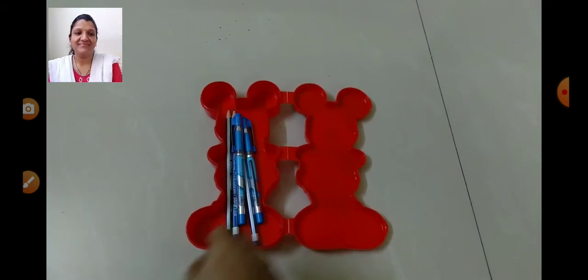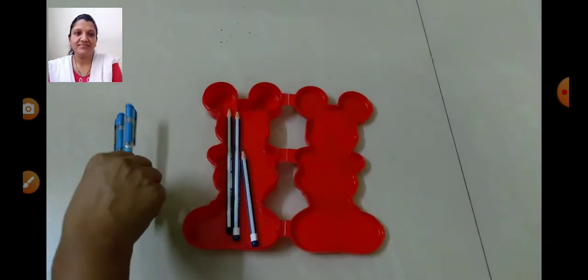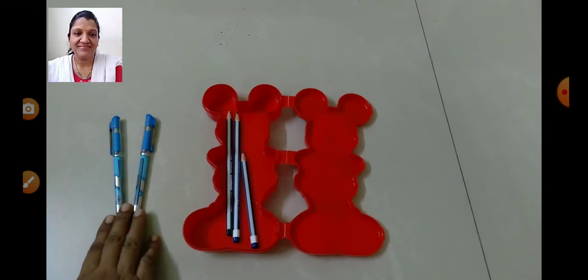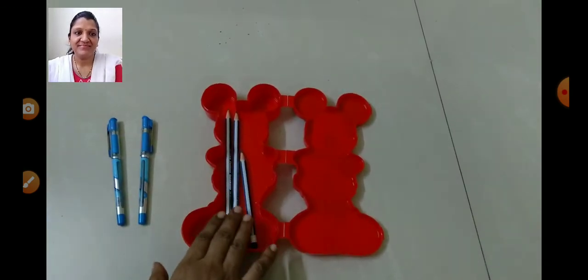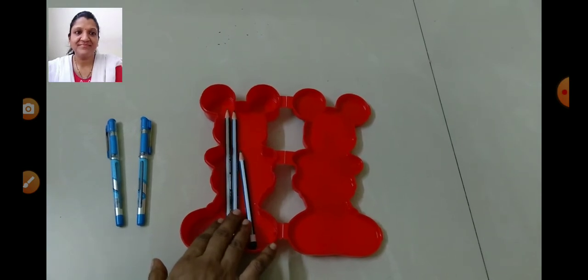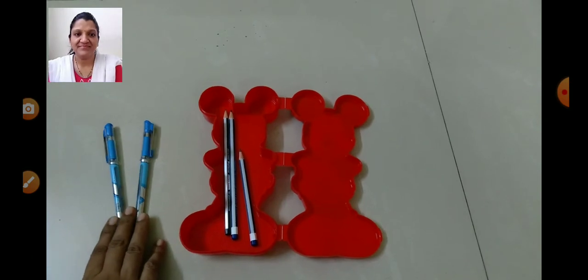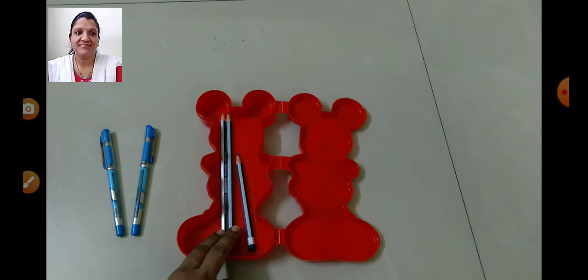Now see what I am doing. I am taking out the pens and I kept them outside the compost box. And what is inside the compost box? Pencils. Pens are outside the compost box. Pencils are inside the compost box.